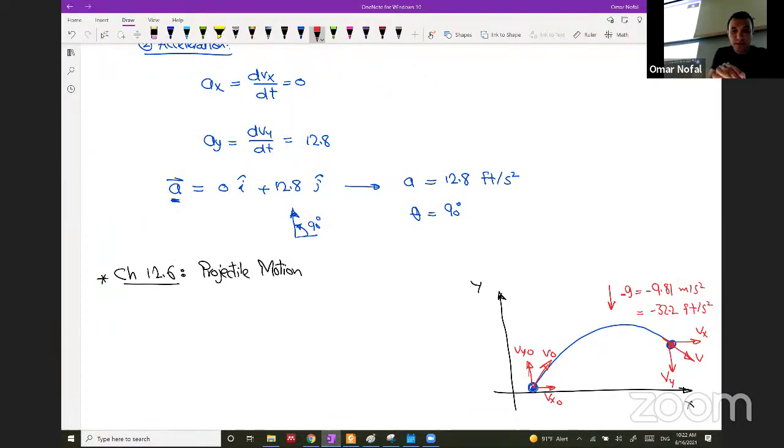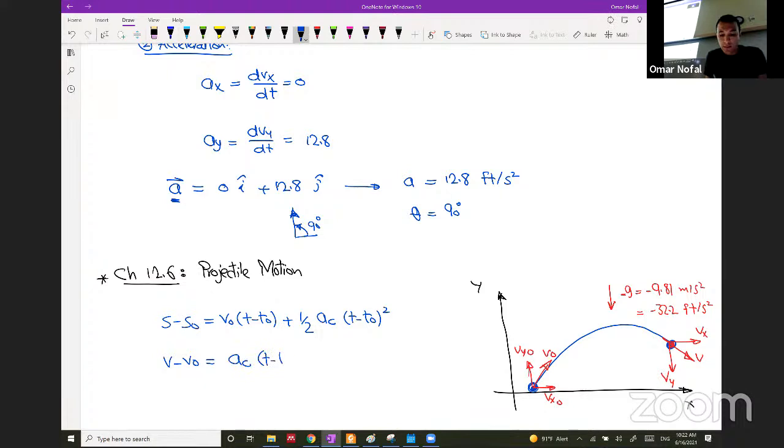So let's put these equations in front of us. The first is S minus S node equals V node times (T minus T node) plus one half times the constant acceleration multiplied by (T minus T node) squared. The second equation is V minus V node equals the constant acceleration multiplied by (T minus T node).